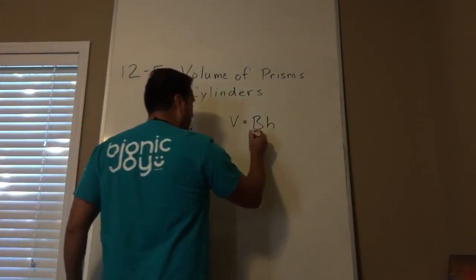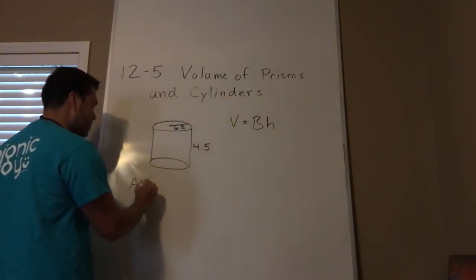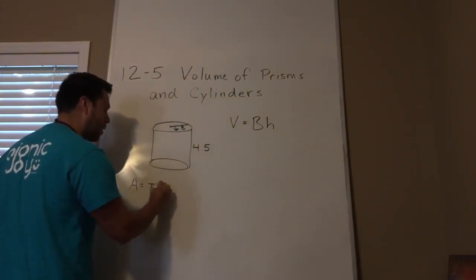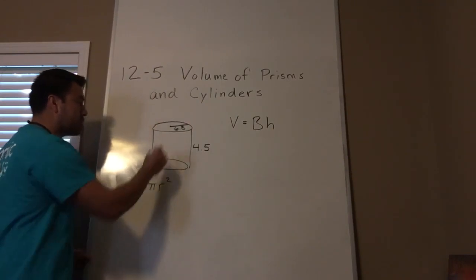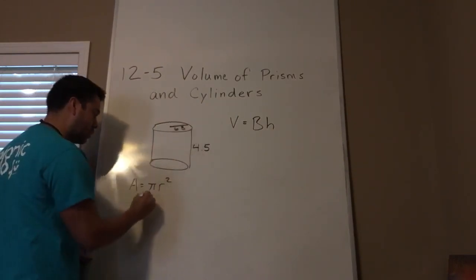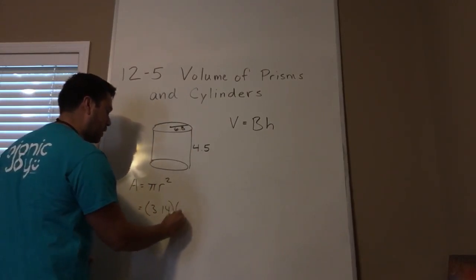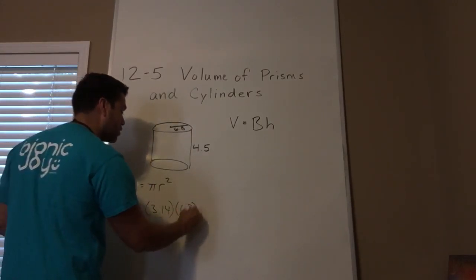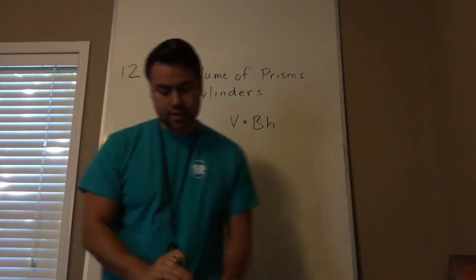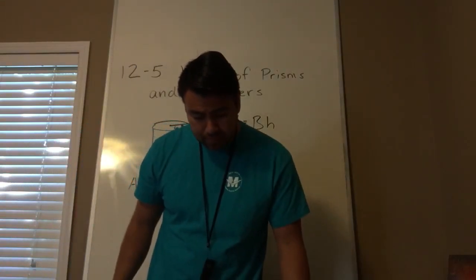It's a circle. How do you find the area of a circle? Pi r squared. So here in this case, the radius is 6.8, and we're going to use 3.14 times 6.8 squared.